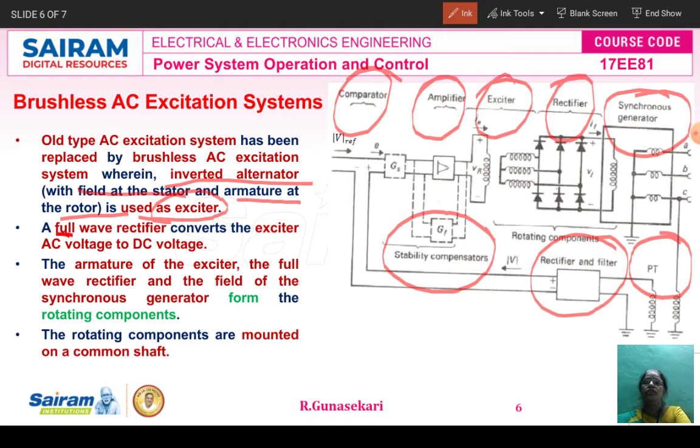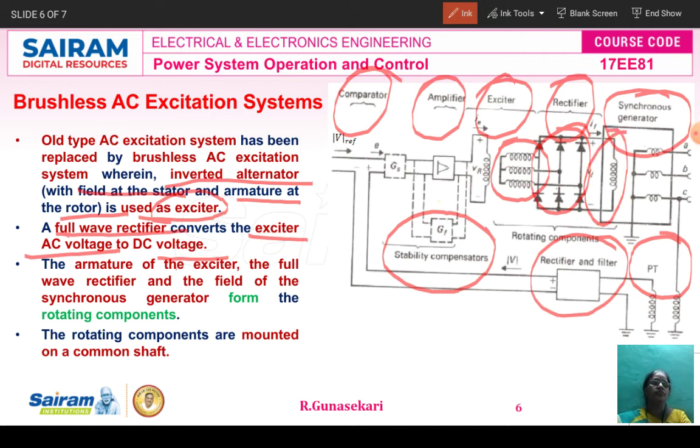Here we use the full wave rectifier. The full wave rectifier is used to convert the exciter AC voltage to DC voltage. So this is the rectifier. This is the armature of the exciter. This is the full wave rectifier, and the field winding of the synchronous generator.